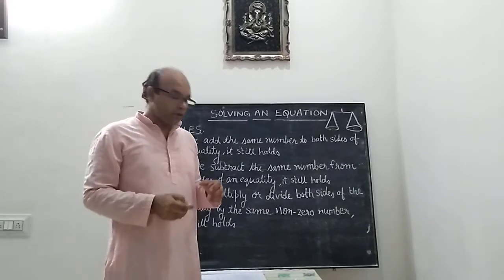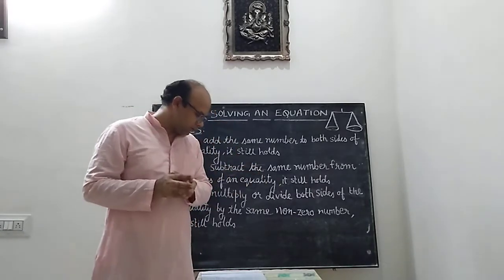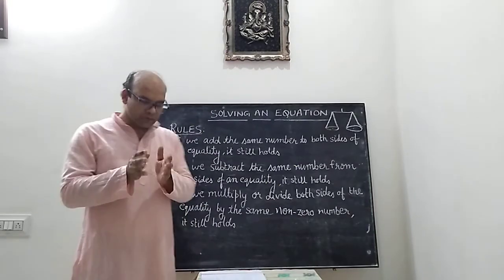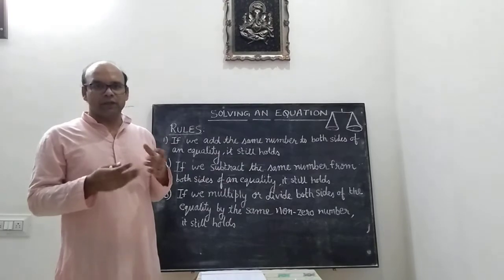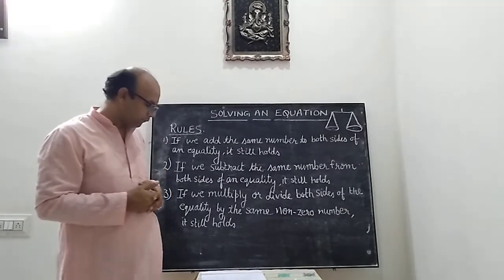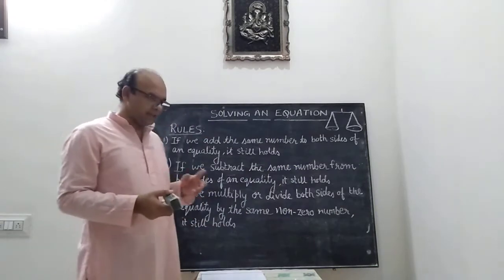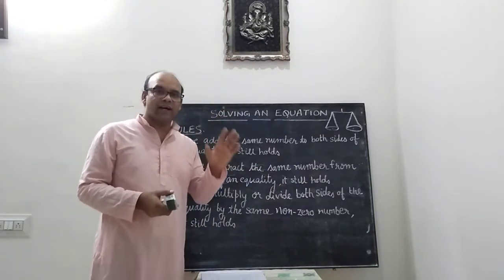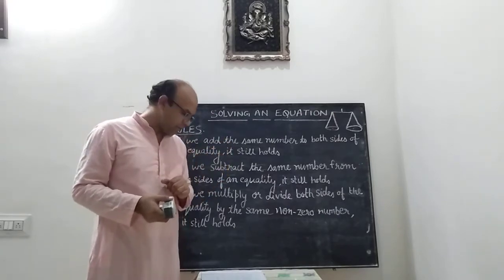Now, if you fail to do the same mathematical operation with the same number on both sides of the equality, then the equality may not hold, so that has to be taken care of. Another thing is, we should always attempt to separate out the variable.